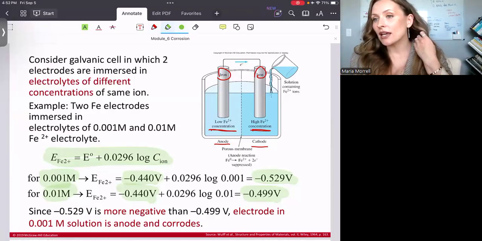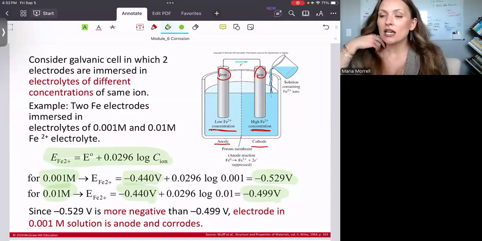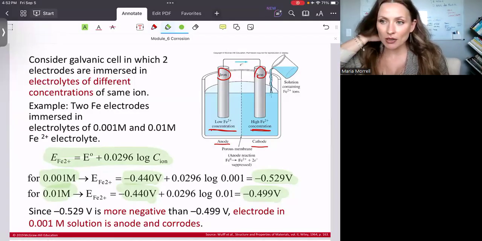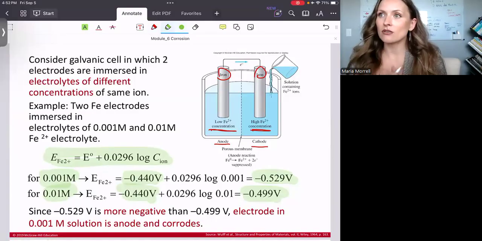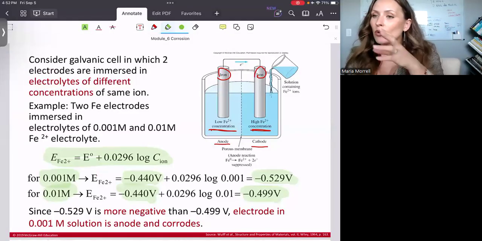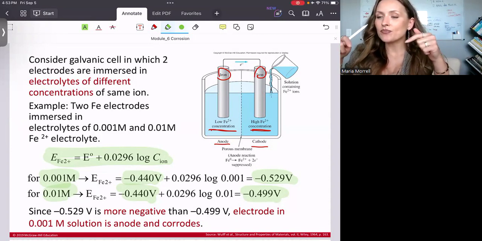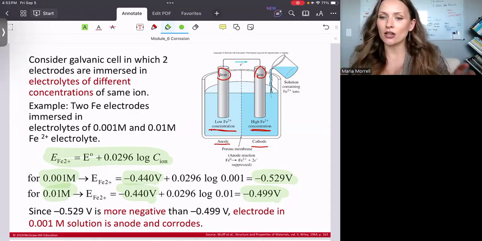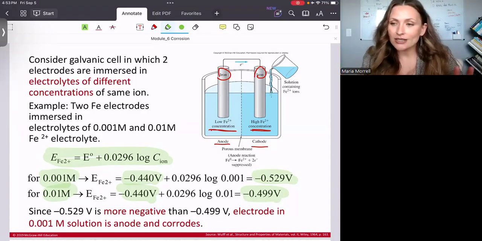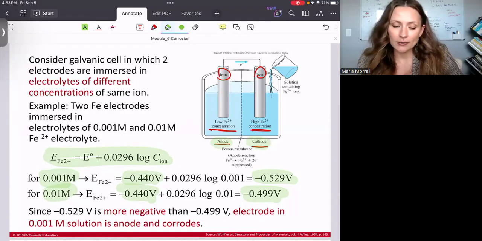One thing to keep in mind is that using the same material is always beneficial whenever we link metals together, because you are avoiding the macroscopic galvanic potential. But whenever you are dealing with electrolytes, you still have to be aware that electrodes made out of the same material can behave as anode and cathode just because of a difference in the ion concentration in the electrolyte. Obviously the one that is more negative is going to be your anode, and the one that is more positive is going to be your cathode.